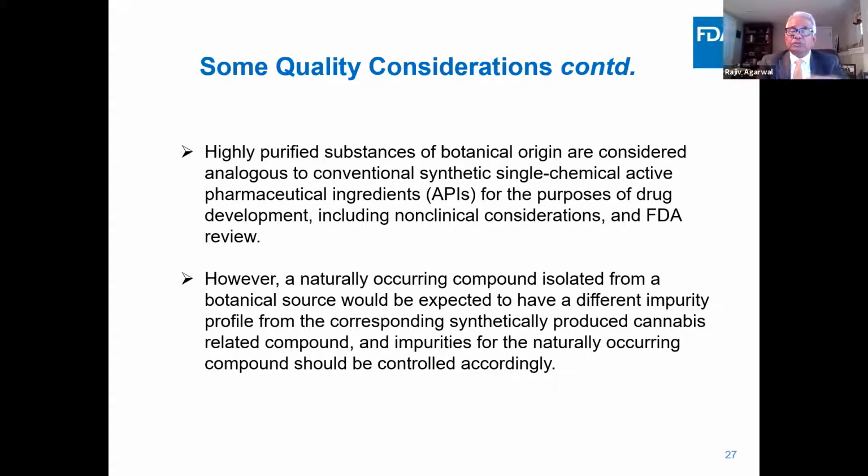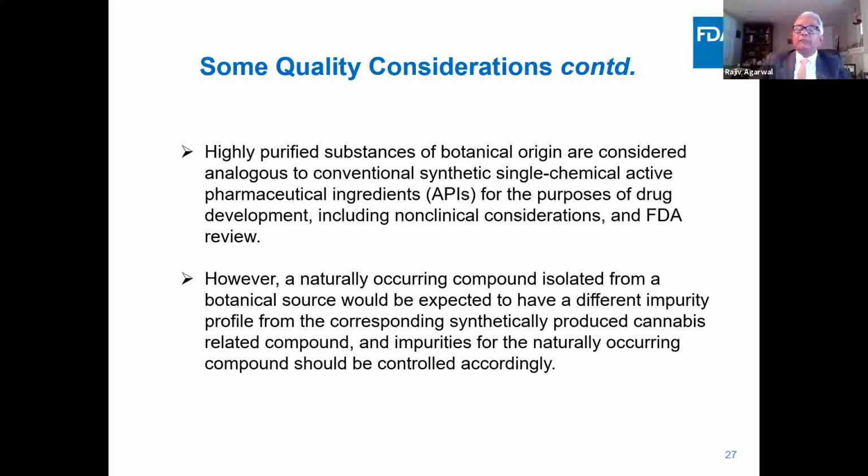The impurities I mentioned in the plant are pesticides, heavy metals, sometimes aflatoxin or solvents. But when you talk about a molecule coming from a synthetic process, that is a different pathway that produces different impurities because you are using different reagents, solvents, and catalysts. So we control those as well. And that will also produce different degradation pathways because those impurities will degrade differently.